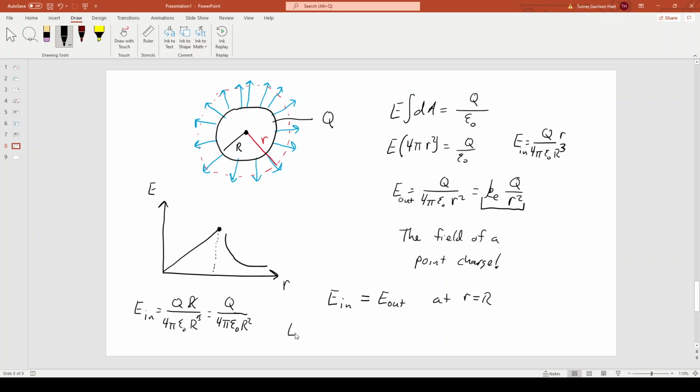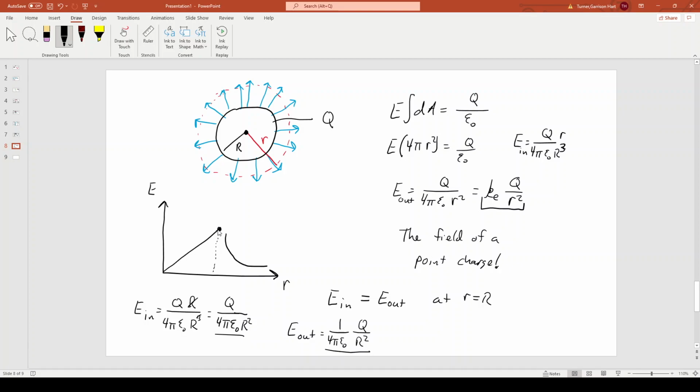And E out does the same thing, because I'm substituting capital R for little r, and so then this is just going to be 1 over 4 pi epsilon naught, which is k, right? Q over now capital R squared. And so the expressions agree.